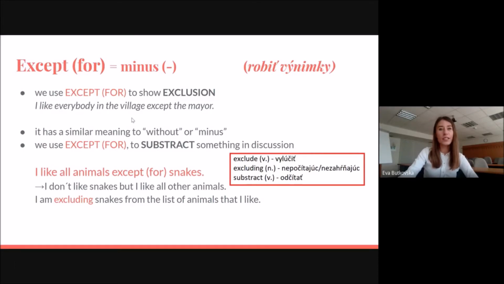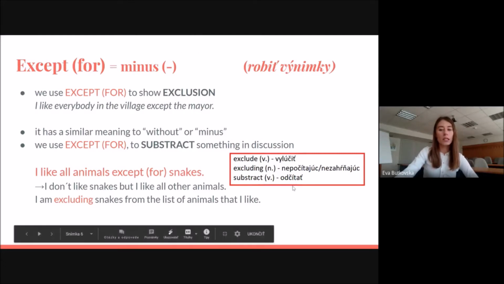So this sentence really says, I like everybody except, minus, the mayor. So it has a similar meaning to without or minus, like I said. If we are using except or except for, we are doing subtraction, or we subtract something in discussion. Subtract, if you want to translate, you have it here in the box.